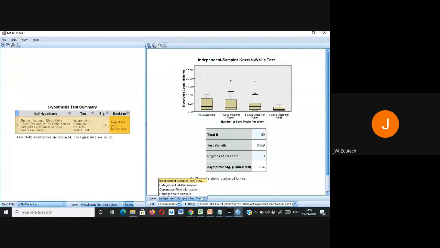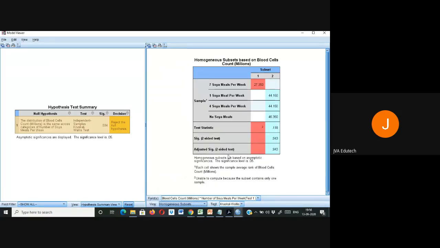The statistic will be the same, it won't change. Now you will select this homogeneous subsets. Now again you can see from this table, now try to find where we were having different groups. Now we are having only two subsets, having two clusters.